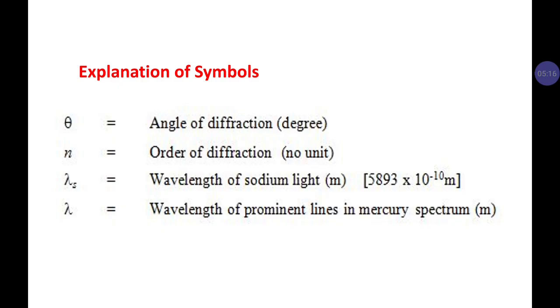So we cannot see those two spectral lines distinctly. What we can do is take the average of those two values, 5893 into 10 power minus 10 meter. This wavelength can be used.